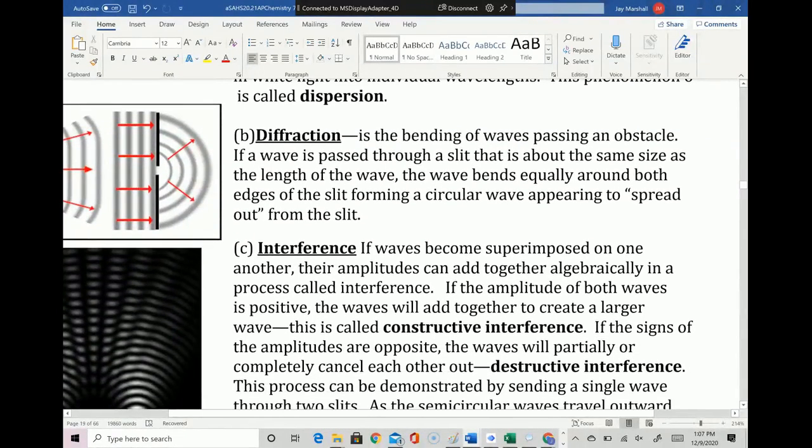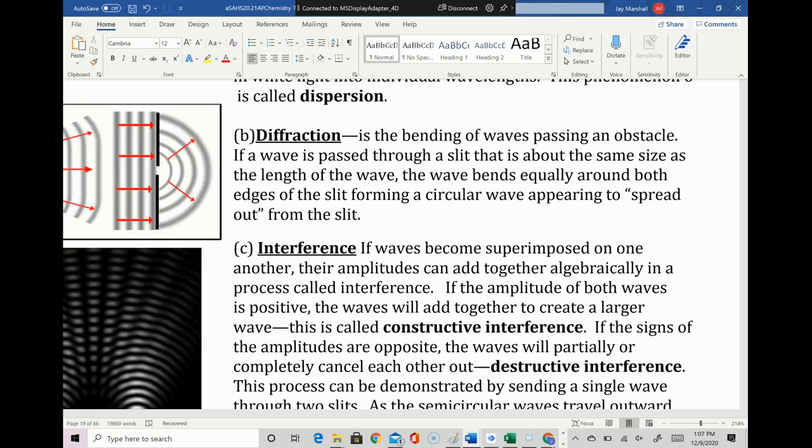Another thing that happens to waves if they pass through a barrier here, the bending, diffraction, is the bending of waves passing an obstacle. If a wave has passed through a slit that is about the same size as the length of the wave, it bends equally around the edges of the barrier here, and it causes a circular wave to be formed.